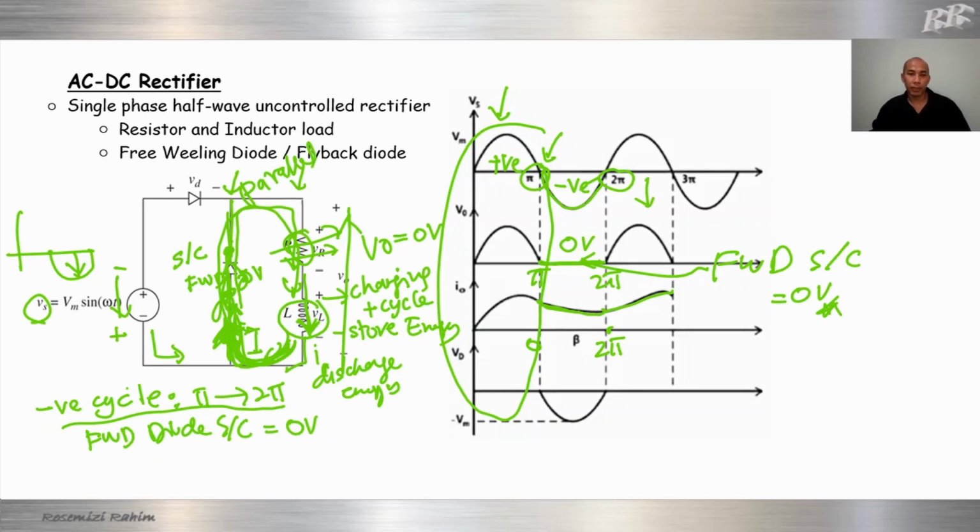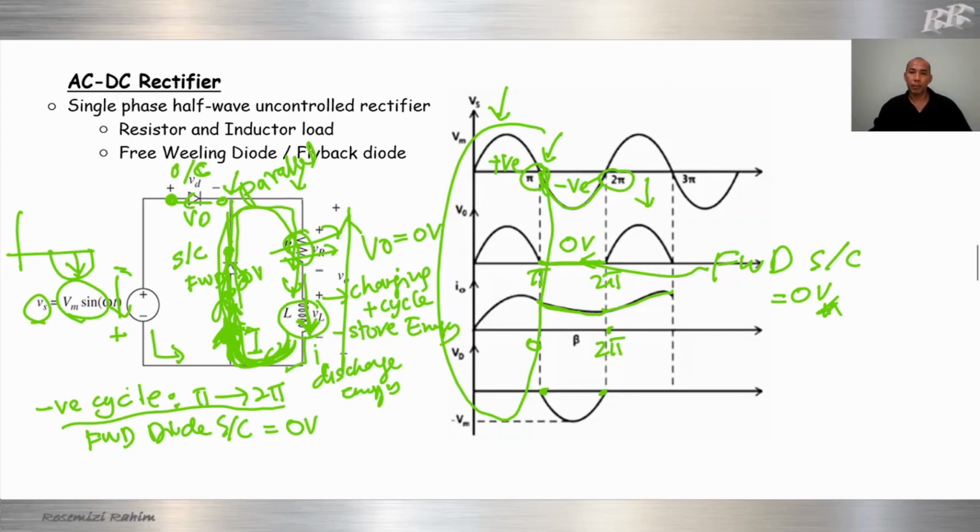In terms of our diode, we know that this diode is reverse biased. For reverse bias, this diode will be an open circuit. That means the diode voltage will be the same as the input voltage.